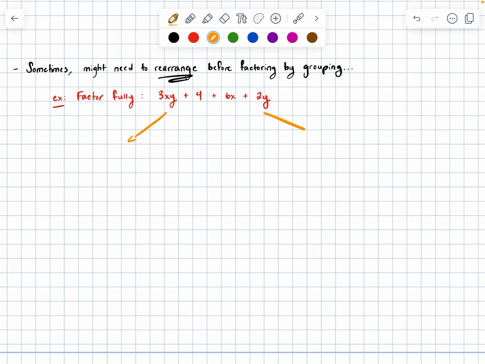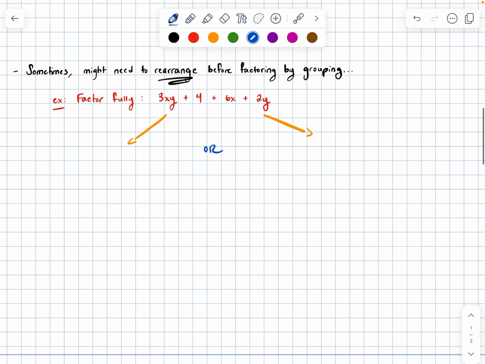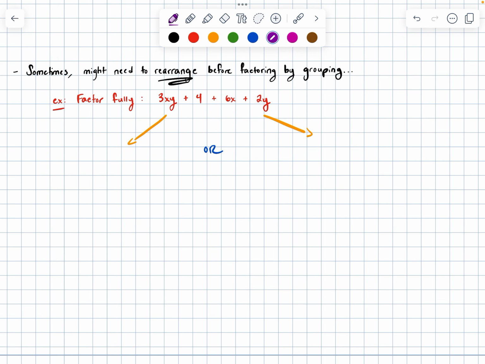Alrighty, well, it turns out there are in fact two possible breakdowns that you may have gone with. One cheat code when I'm factoring by grouping is that it can often be helpful to rewrite in standard form. So 3xy, I'm going to leave it at the front either way.